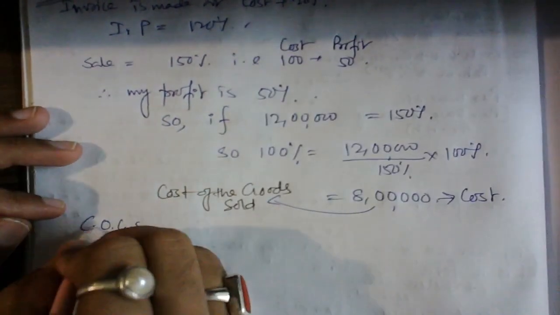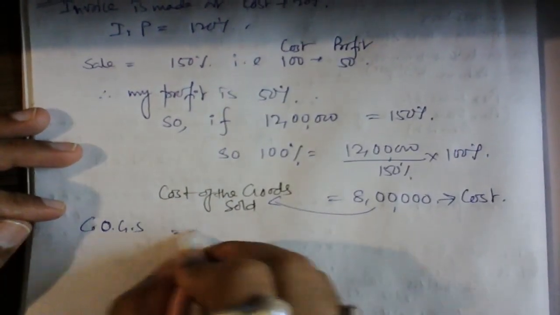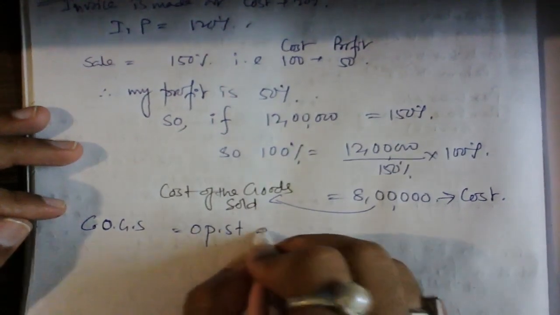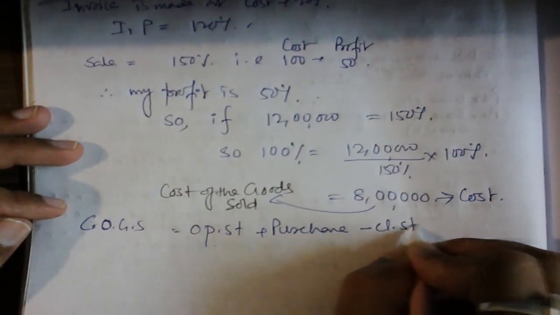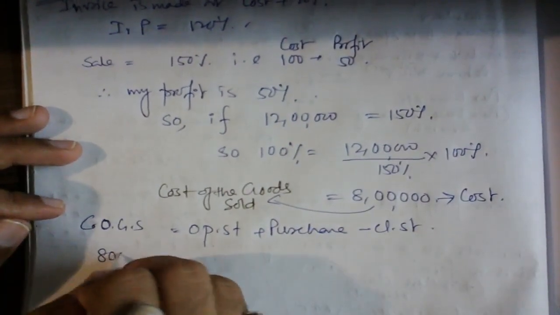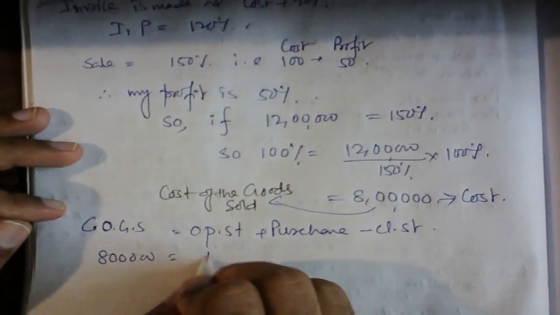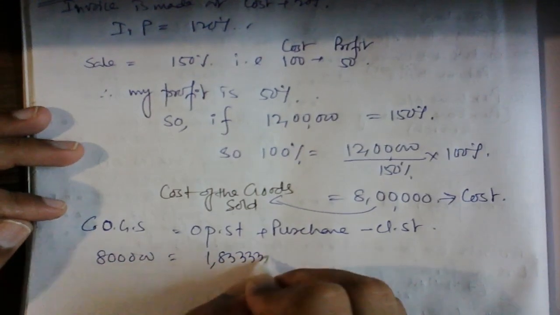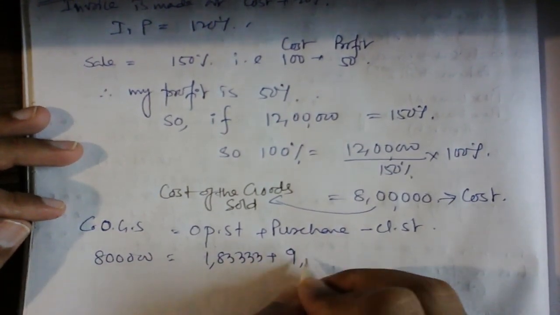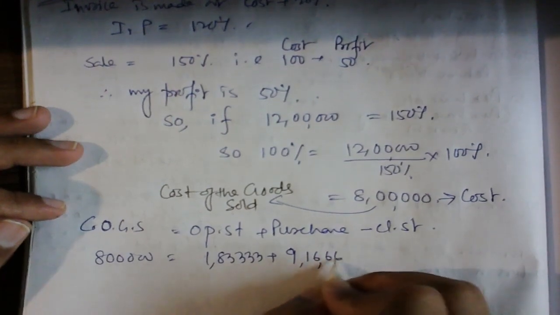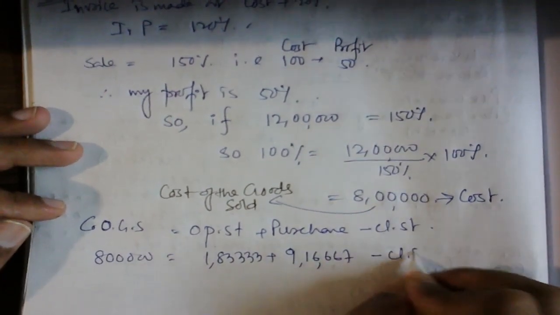So if I give the formula, COGS equals opening stock plus purchase minus closing stock, then COGS I know is 8 lakh rupees, opening stock 183,333, purchase 916,667, minus closing stock.